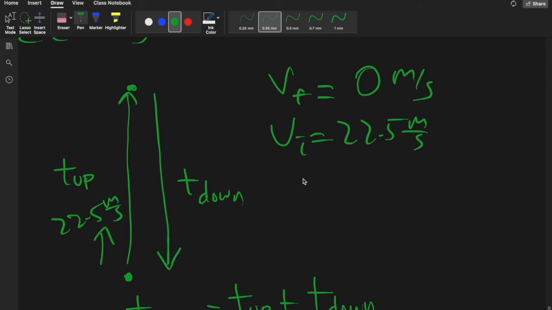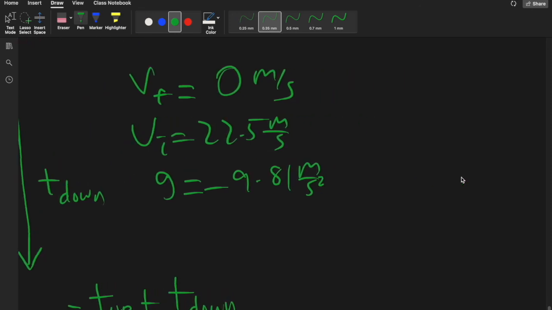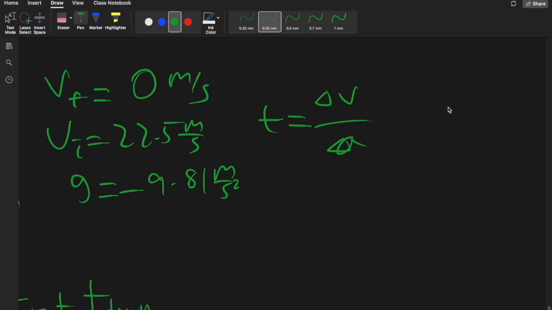And we also know the gravitational acceleration is equal to negative 9.81 meters per second squared. So how can we solve for time? Well, time is equal to change in velocity divided by acceleration, and here is equal to change in velocity over negative g, right?